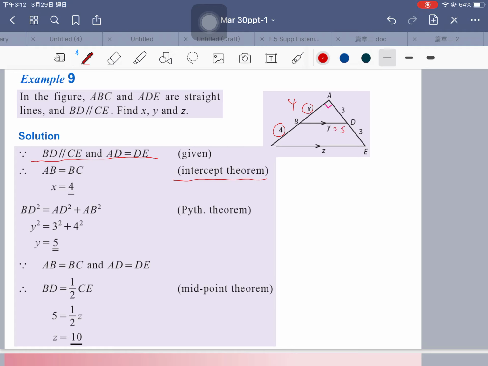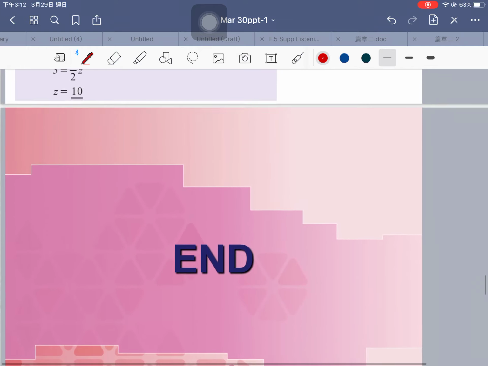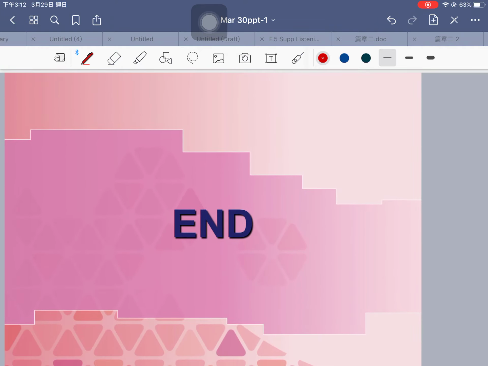Pythagoras theorem, you can find it 5, and then by midpoint theorem, this is 10. Not intercept theorem, this is midpoint theorem. You have to mention it, so that you can use it as midpoint theorem. That's all for chapter 4.